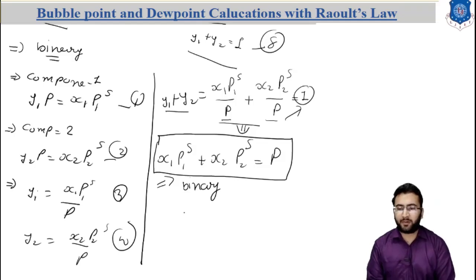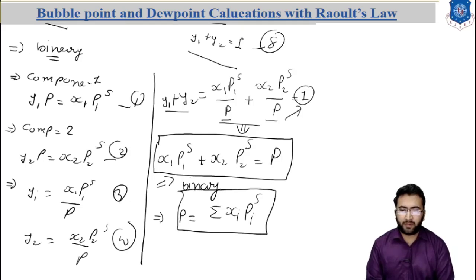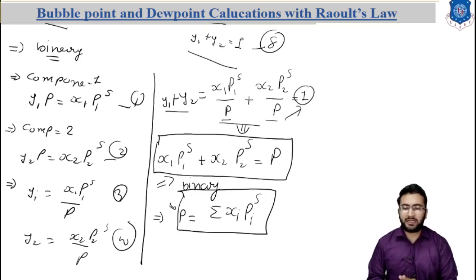Now if we want to apply Raoult's law for the multi-component system, then that can be given by P is equal to summation of xi Pi saturated. So this is the equation to find the total pressure from bubble point calculation using Raoult's law.